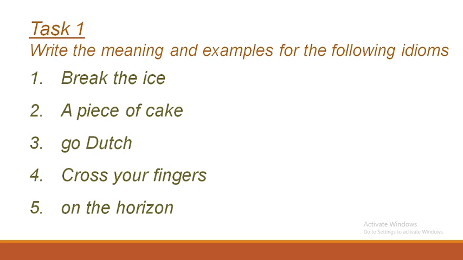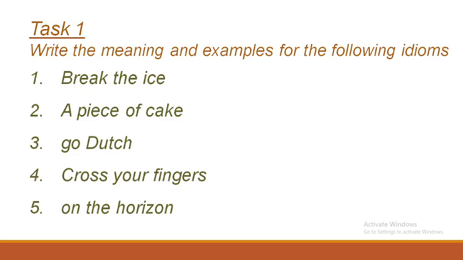Now look at the idiom and write the meaning and examples for the following idioms. First one, break the ice. Now make a pause and write the meaning of the idiom and your own examples. Second, a piece of cake.